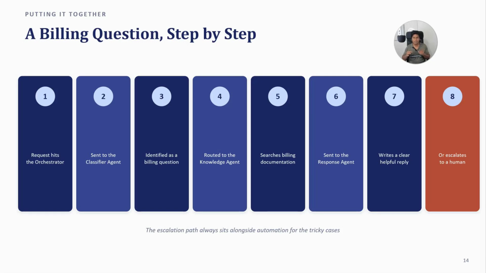That search happens through the MCP connection we covered earlier. Step 6. That information goes to the response agent. Step 7. The response agent writes a clear, helpful reply. Step 8. If the issue is too complex, the orchestrator escalates it to a human agent instead. That is how a well-designed multi-agent system actually works in practice.